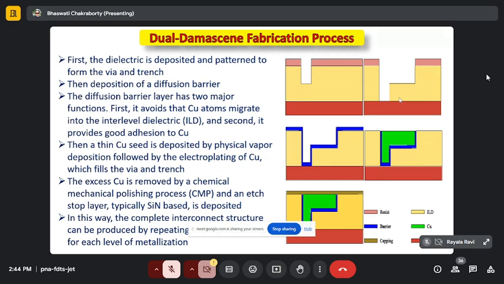Finally, the chemical mechanical polishing tool is used for polishing the surface and making it smooth. On top of that, a capping layer, which is an etch stop layer of silicon nitride, is deposited. These steps keep repeating as long as we require the via plus trench combination for our interconnect fabrication process.